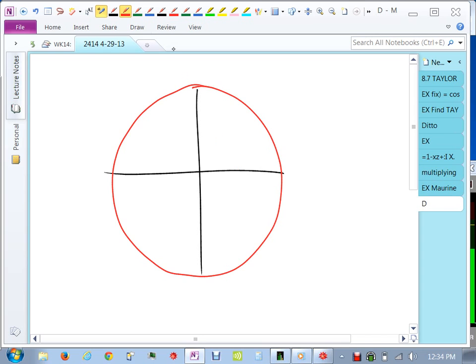No, because if I pick a value of x, let's say somewhere around here, there's one y value up here, and there's another one down here. And the reason why is because a unit circle comes off that equation x squared plus y squared is 1. So if I solve for y, I have to take a square root, which gives me plus or minus.